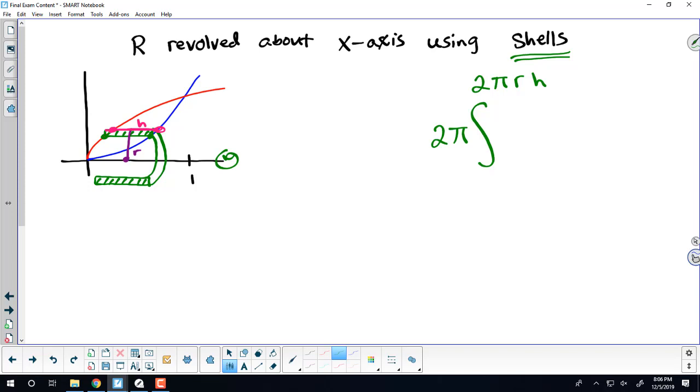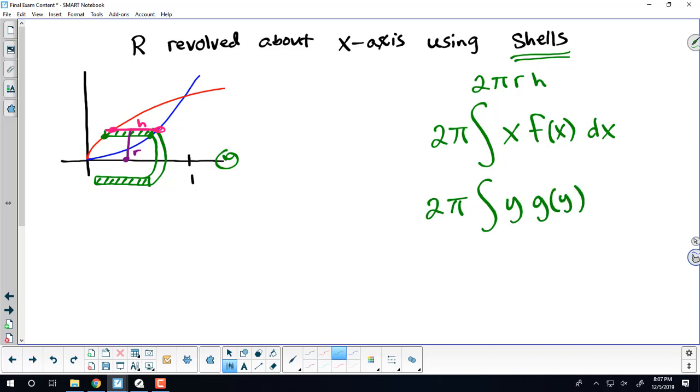But the radius was just x, and the height was given by f of x dx. That's the more basic one, of course. Or if we were integrating with respect to y, radius is y, height is g of y.